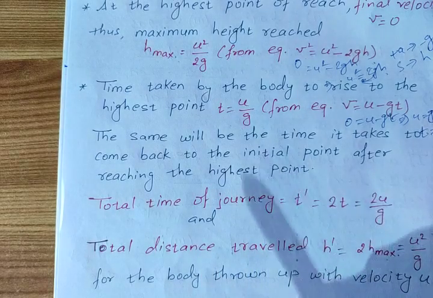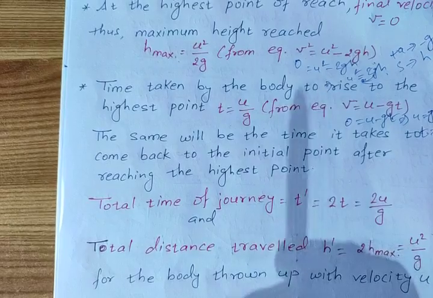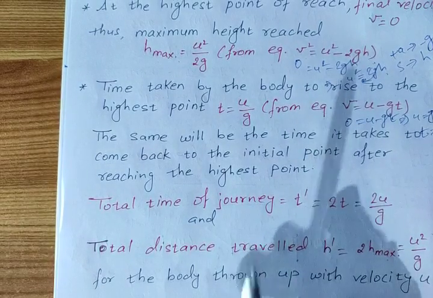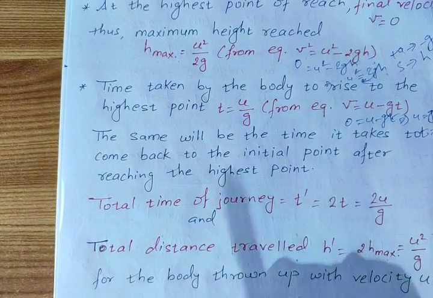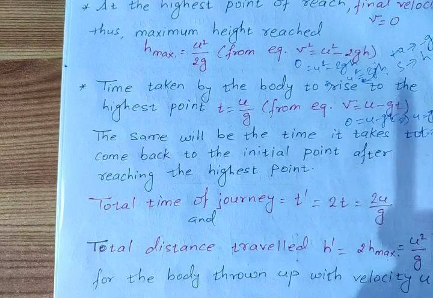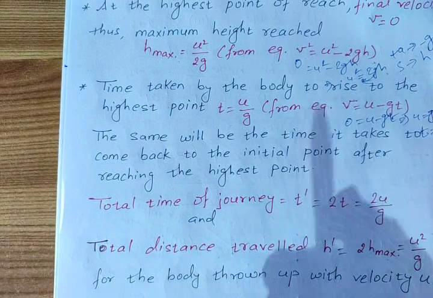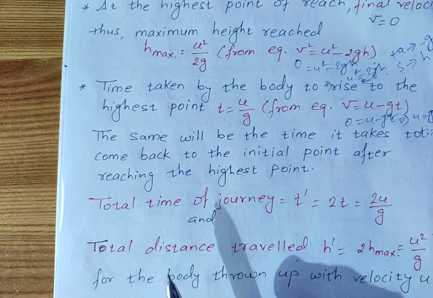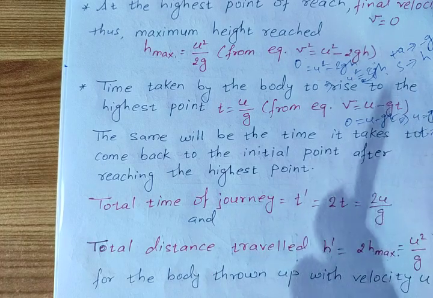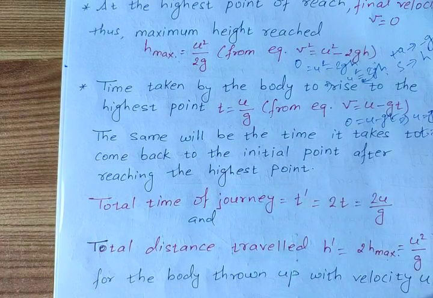Whenever you throw a body upwards, what time the body takes from ground to reach highest point, that much time only the body takes from highest point to come back to the ground.